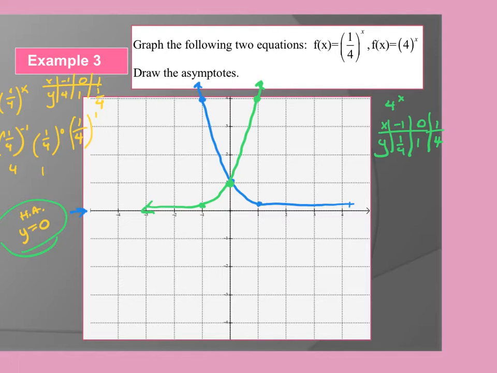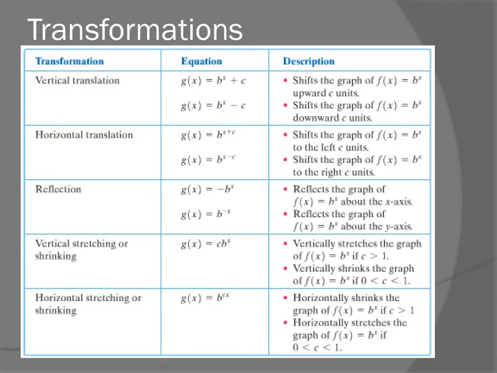So when in doubt, you can continue to plot points, but there's also going to be some shifts that are going to help us with this stuff. The translations that we're used to continue to apply. A vertical translation, a shift up or down, happens like always after the exponent. So if I had 3 to the x plus 2, it's taking that normal curve and shifting it up 2 places.